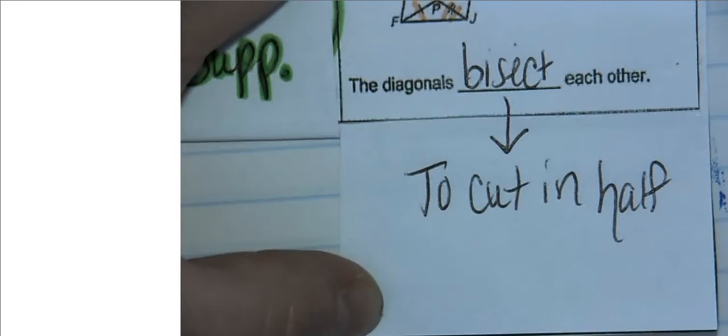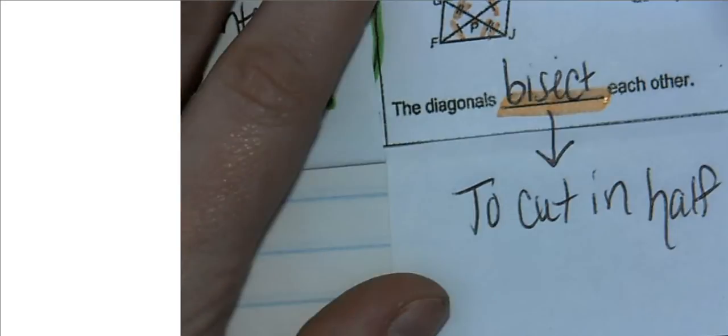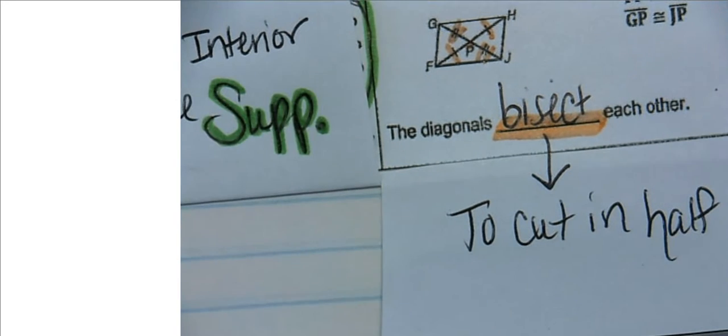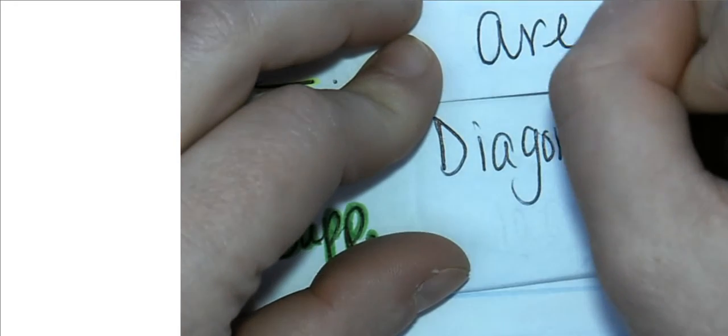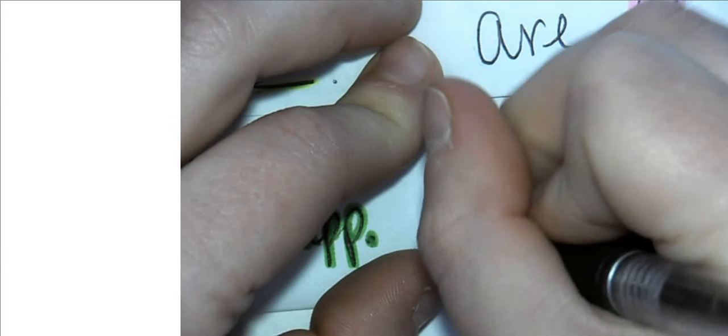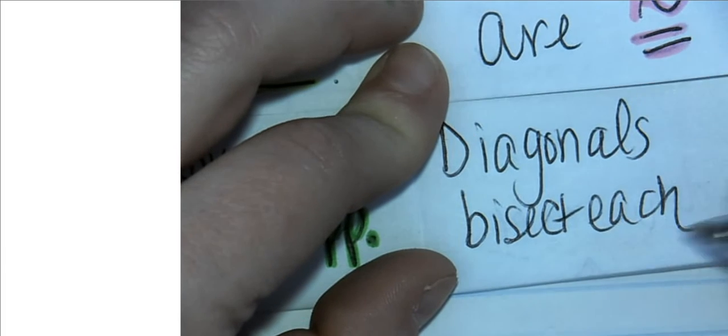I know that we've talked about this idea a lot, but it comes up over and over again. So the diagonals in this case bisect each other. I'm going to write that down: diagonals bisect each other.